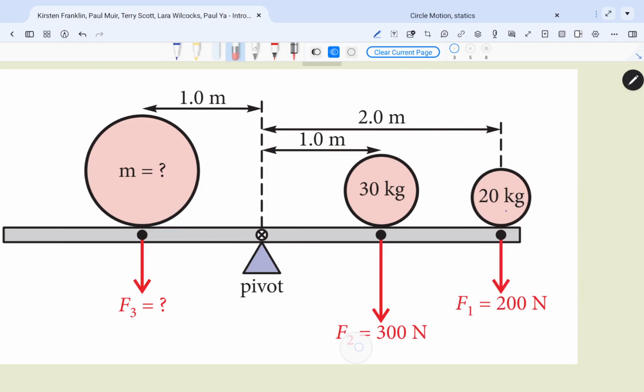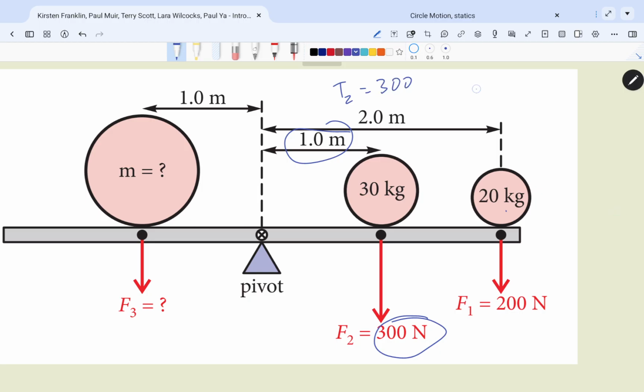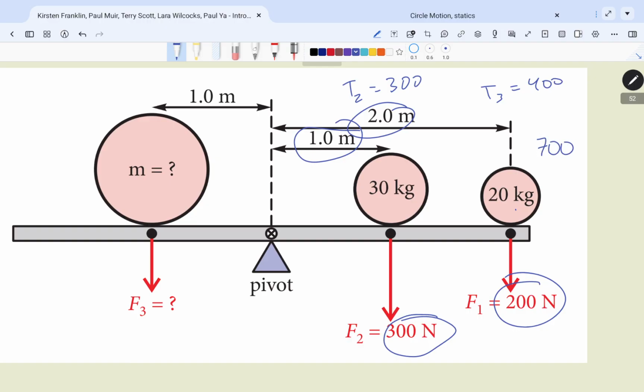Let's find the right moments. What's the force? 300 times the distance, which is 1. So this one's 300. And the other one is 200 times 2. So 400. So the net torque on the right side is 700.